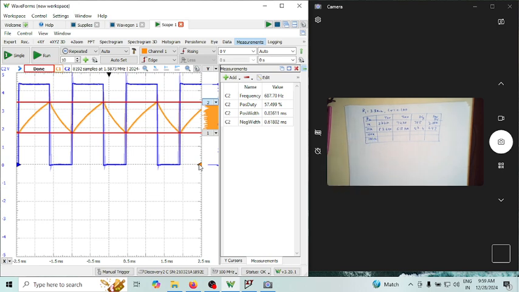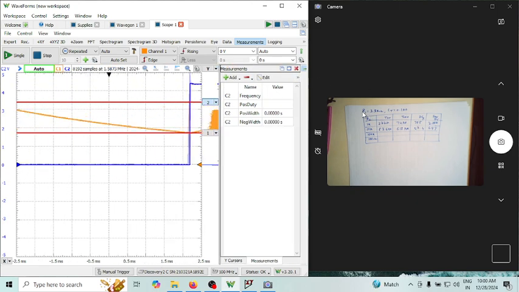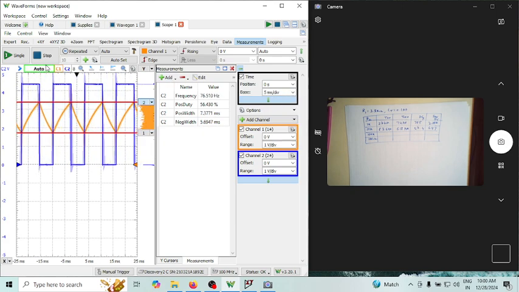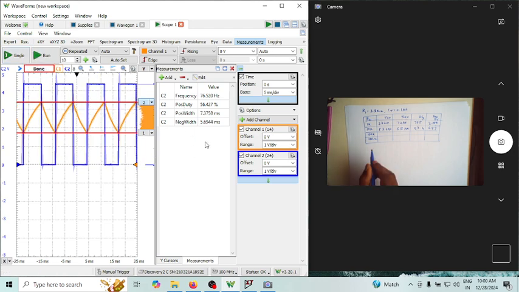Let me make this 100K now. Always keep in mind that R1 is equal to 3.3K. Let me change the time division. Now I think it's fine. Let me do single run. You can see these are the time periods.